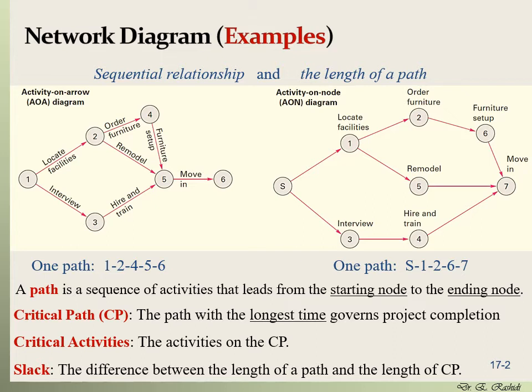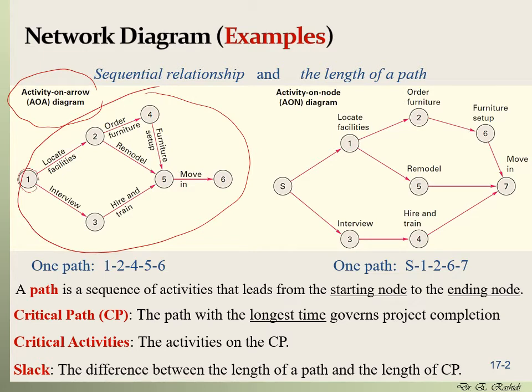So we're going to represent this project and its activities using the two networks that we know. The activity on arrow is shown on the left. In this setup, we start at node 1. The node doesn't represent activities. Activities are represented on the arrows that you see here.